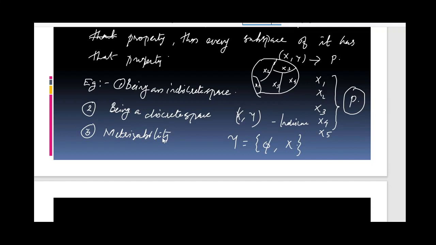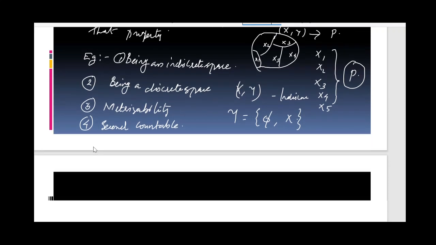We will see all this in detail in further classes, so I am just naming the properties. And the fourth one, second countability. What was second countable? We say a space is second countable if it has a countable base. So these are some examples of hereditary properties.